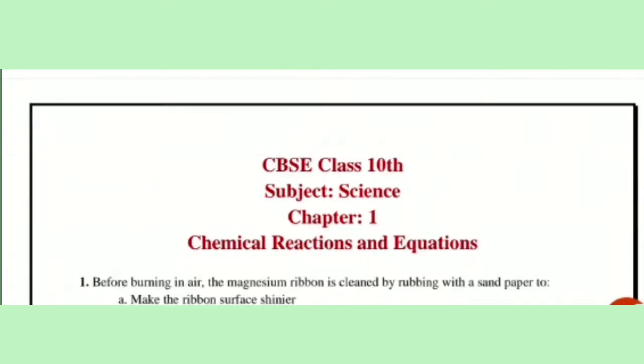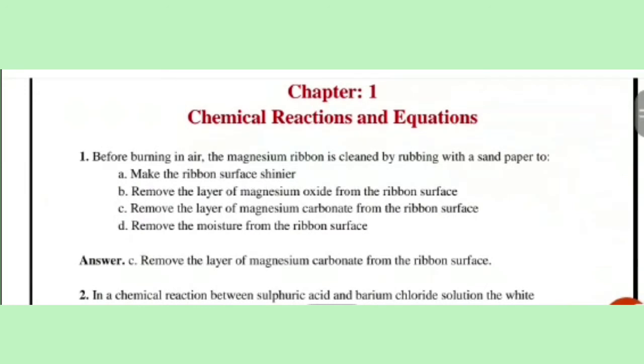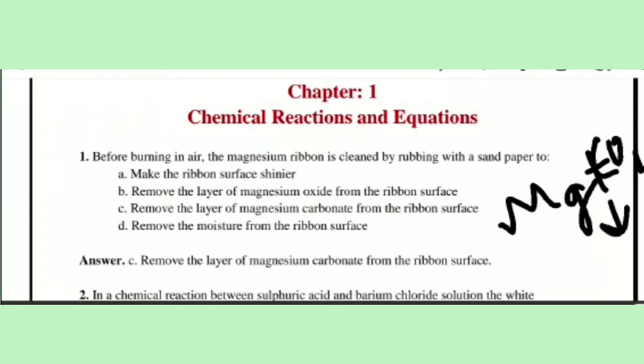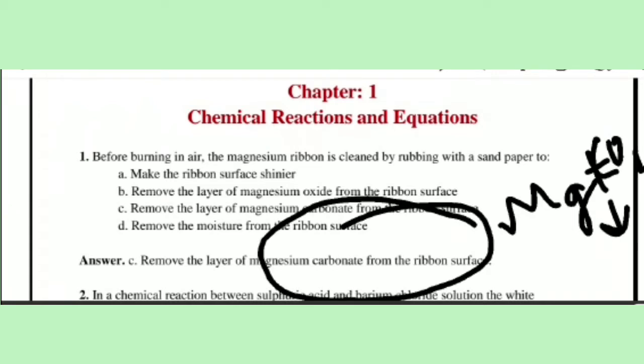Our first question is: before burning in air, the magnesium ribbon is cleaned by rubbing with a sandpaper. We should know that when we burn magnesium ribbon, Mg plus O2, then a layer of magnesium carbonate forms on the ribbon surface.